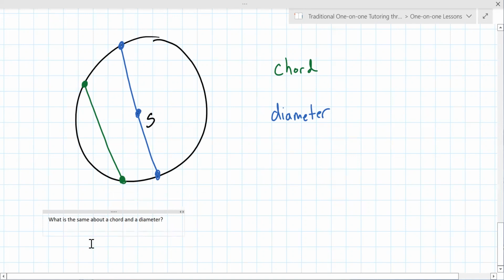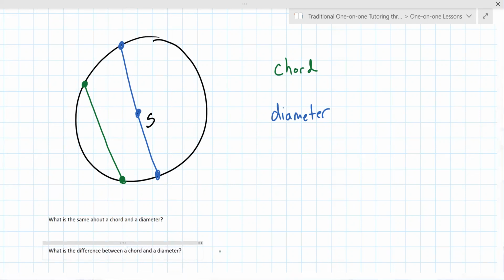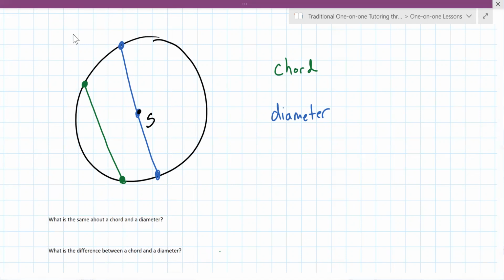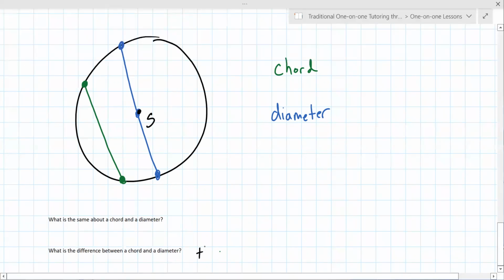So that is the difference about them. What is the difference between a chord and a diameter? That was my first question. So the difference is that the diameter goes through the center.